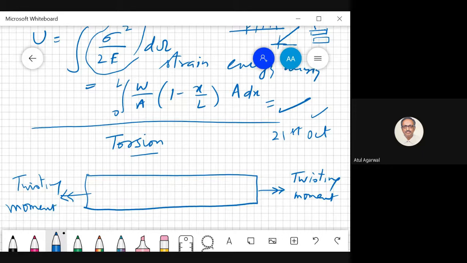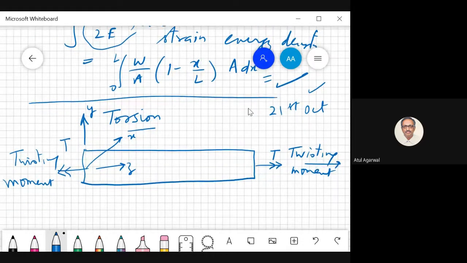Suppose I call this twisting moment as T. If I take this as my coordinate system, then what is this twisting moment notation? Anybody?